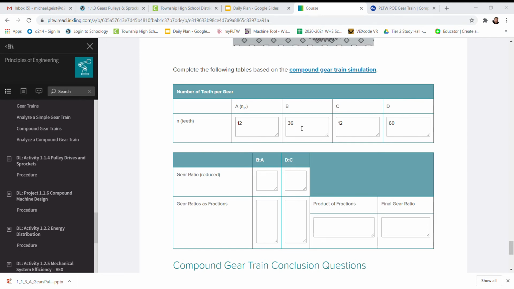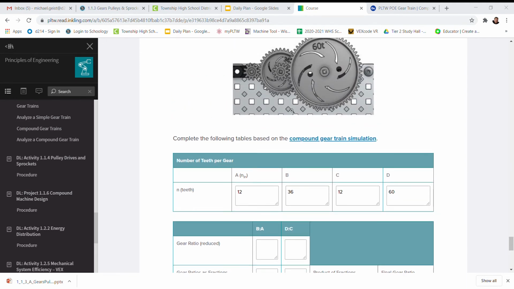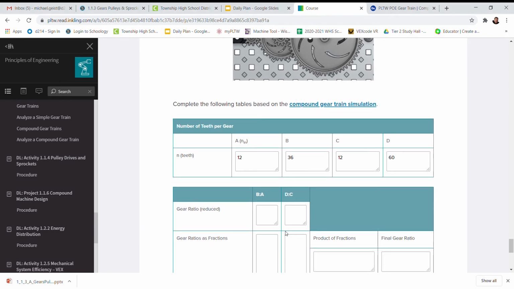So out over in, so my out is going to be 36, so 36 divided by my in, which is 12, gives me a gear ratio of 3. Maybe I'll type that out so you can see what I'm doing.